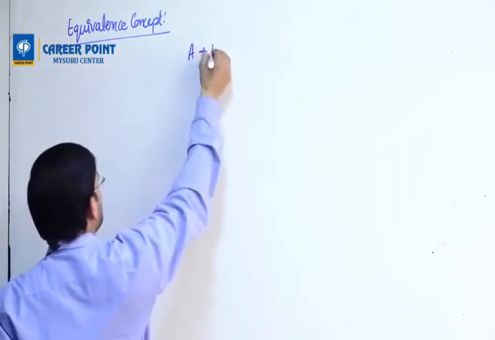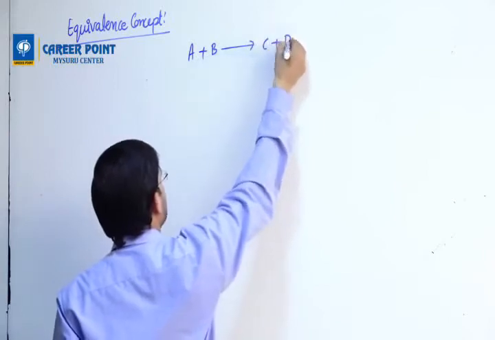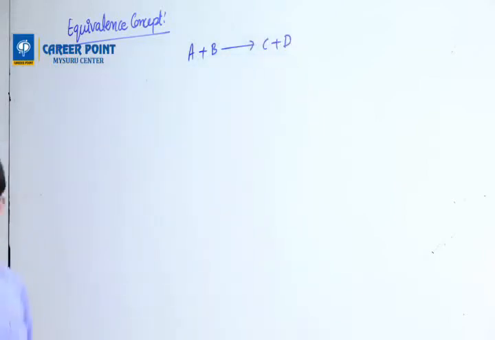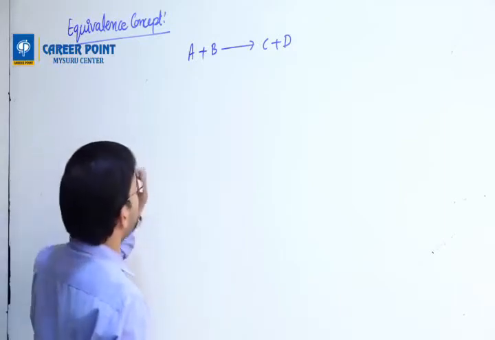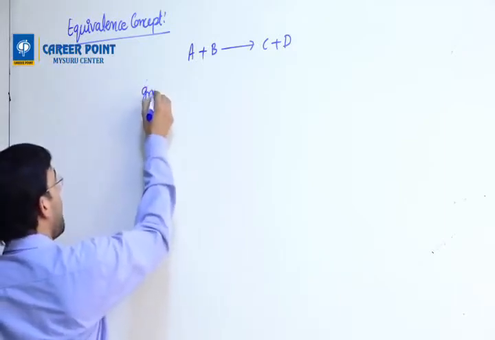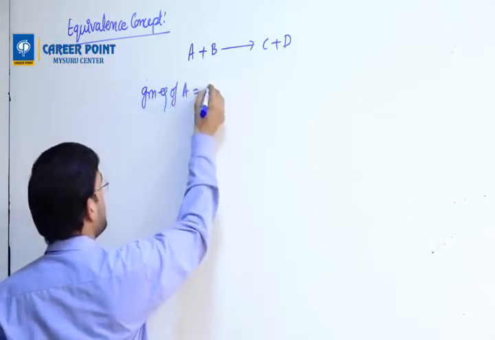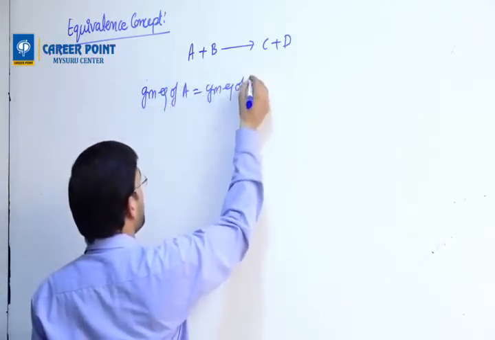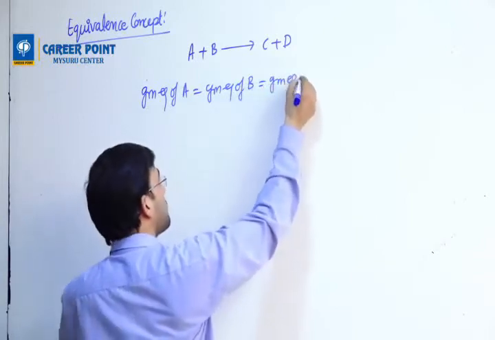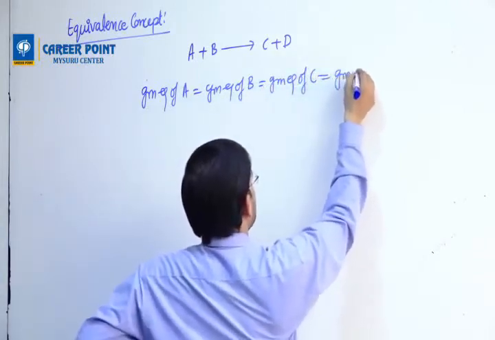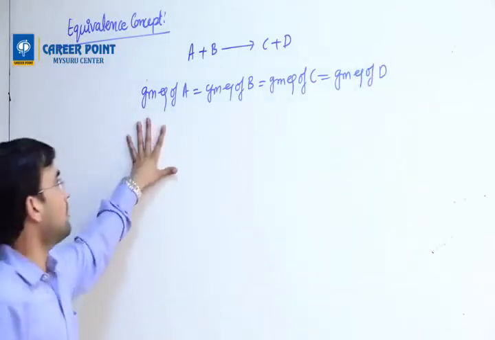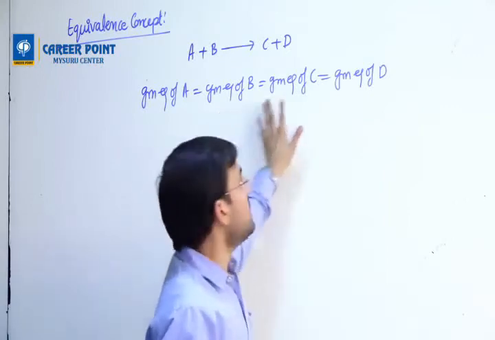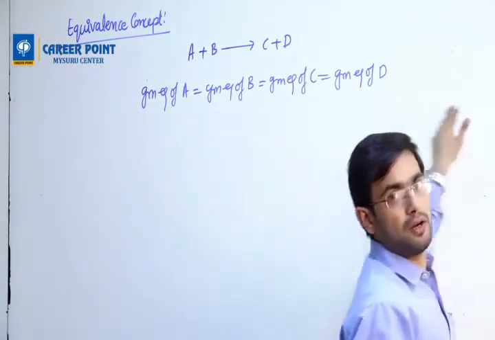If you have a reaction A plus B gives rise to C plus D, A and B react together to give C plus D. In this case, this concept says: gram equivalent of A is equal to gram equivalent of B is equal to gram equivalent of C is equal to gram equivalent of D.